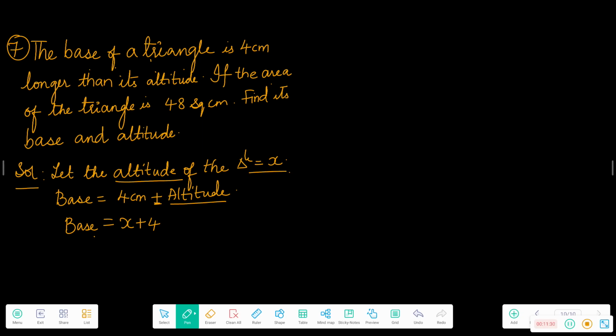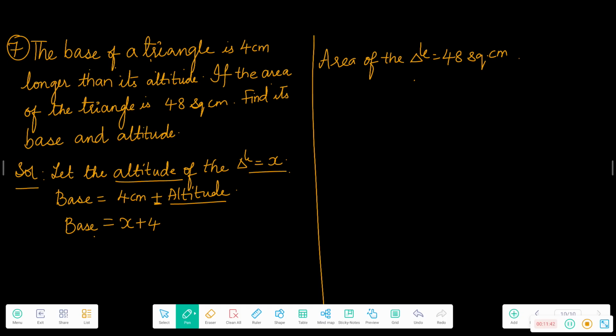Now what is given? Area of the triangle is 48 square centimeter. So area is given by half times base times height, the formula. Its value is equal to 48.